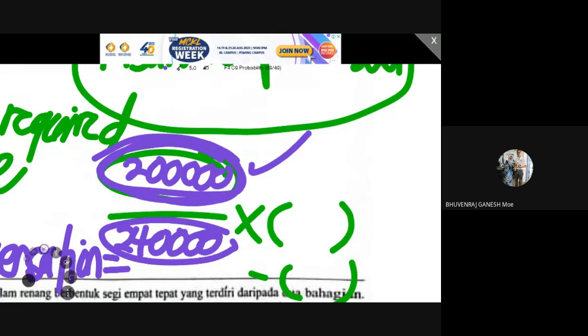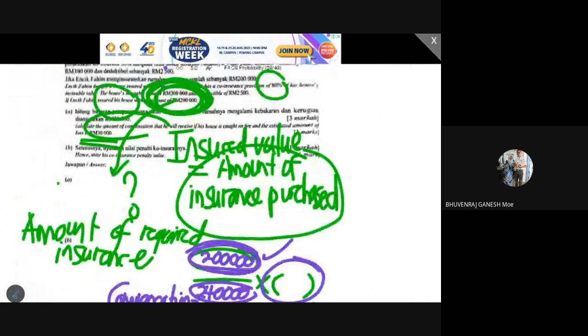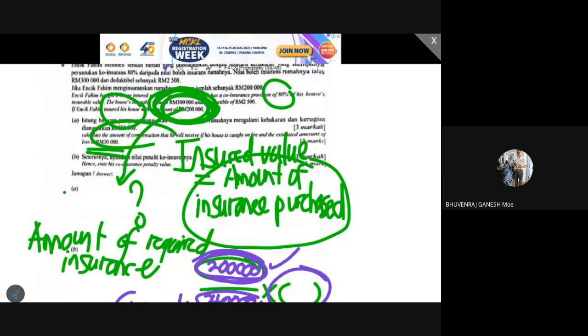Okay. So then over here, what value, guys? Nilai apa kita isi? Times something based on the formula. Berdasarkan formula, what do we put? If you want to see the question, you can see over here. What is the nilai? Apa nilai kita isi?